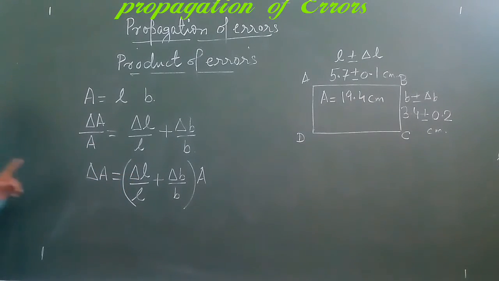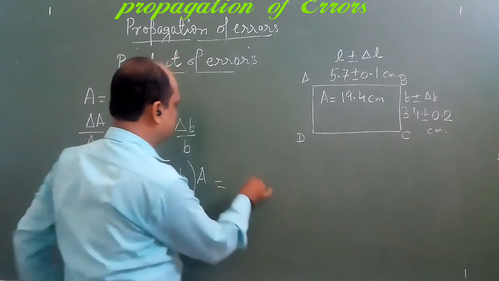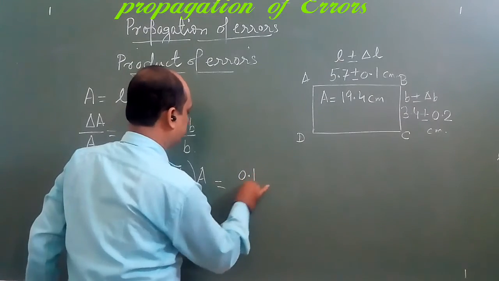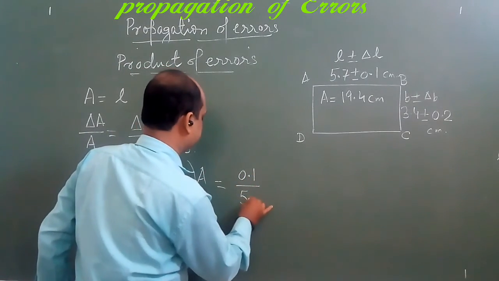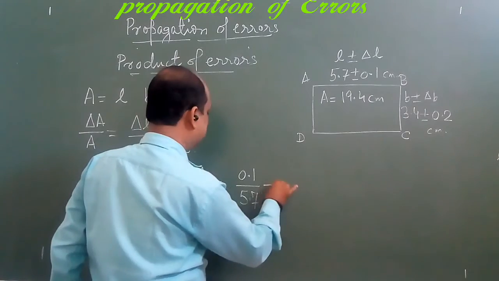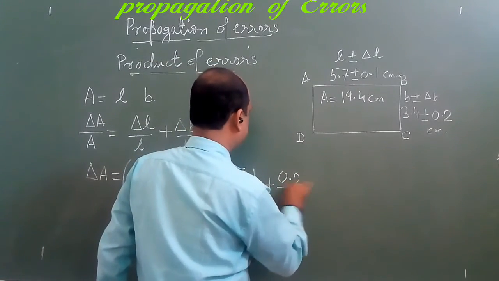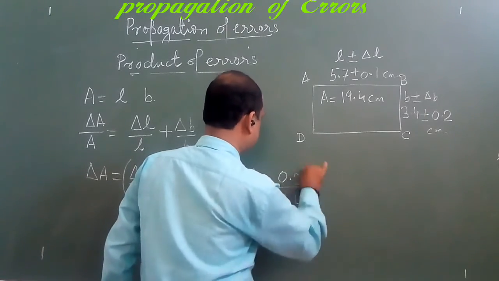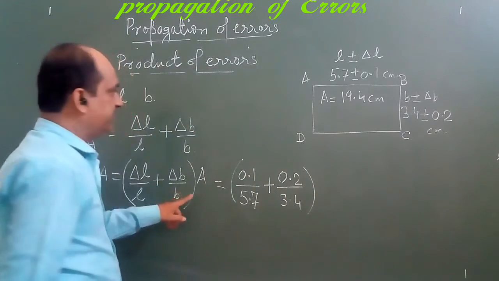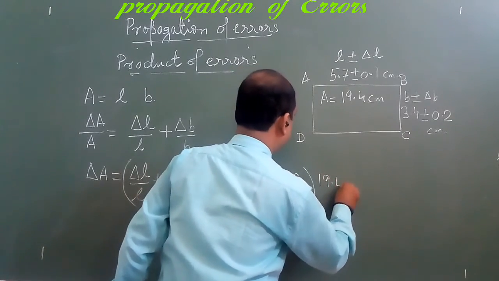So on the basis of that we can find the value of delta A. After substituting, delta L is 0.1 and L is 5.7, plus delta B, which is 0.2, divided by 3.4, and A we have calculated, that is 19.4.